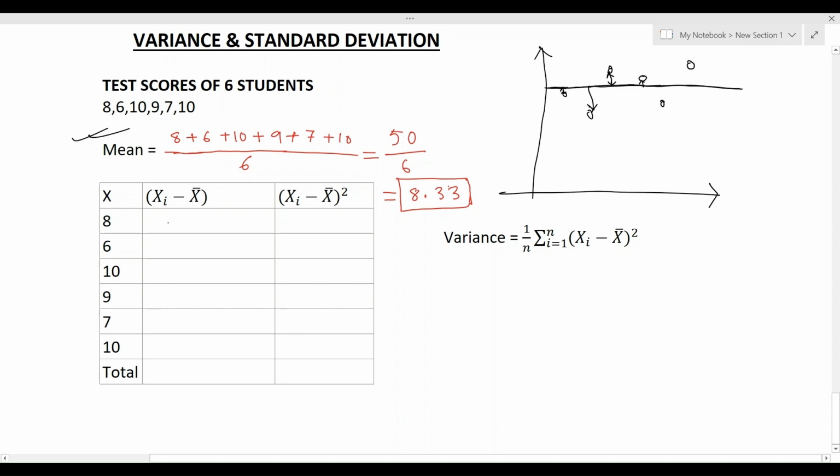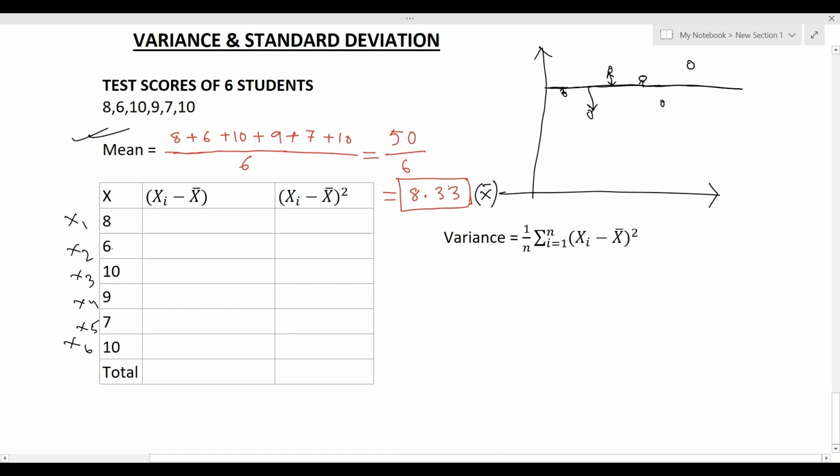Now the next step is we have to find the difference of each of this point. Here xi denotes each of this data point, that is this is x1, this is x2, like this we have x6. So first we need to find out the difference of each of this xi from the mean x bar. This is our x bar.